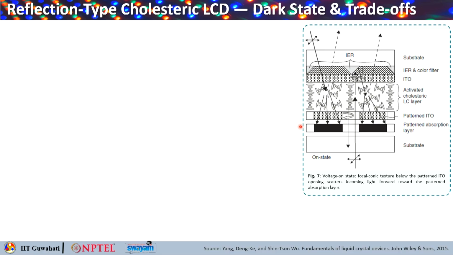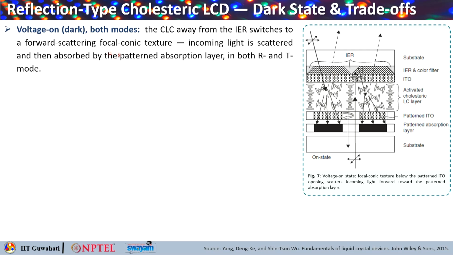Now in the on state, we will see what we get from this reflection type cholesteric LCD. In the on state, we are getting the dark state in the voltage on condition. We will see what happens in both the R mode and the T mode.